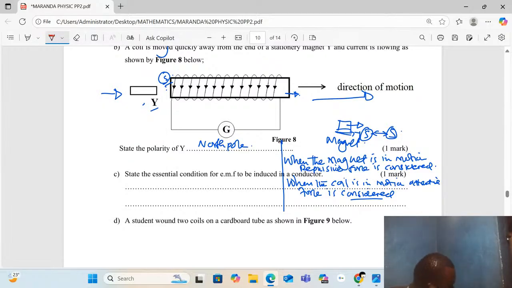Our next question is, state the essential condition for the EMF to be induced in a conductor. There must be relative motion between the fields and the conductor.